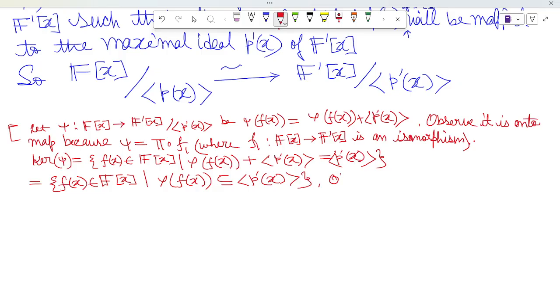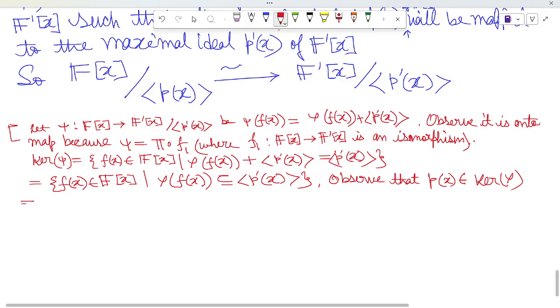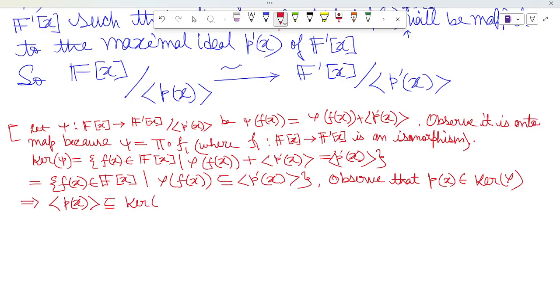Now observe that p[x] is inside the kernel, which implies that the ideal generated by p[x] will be inside the kernel of psi.